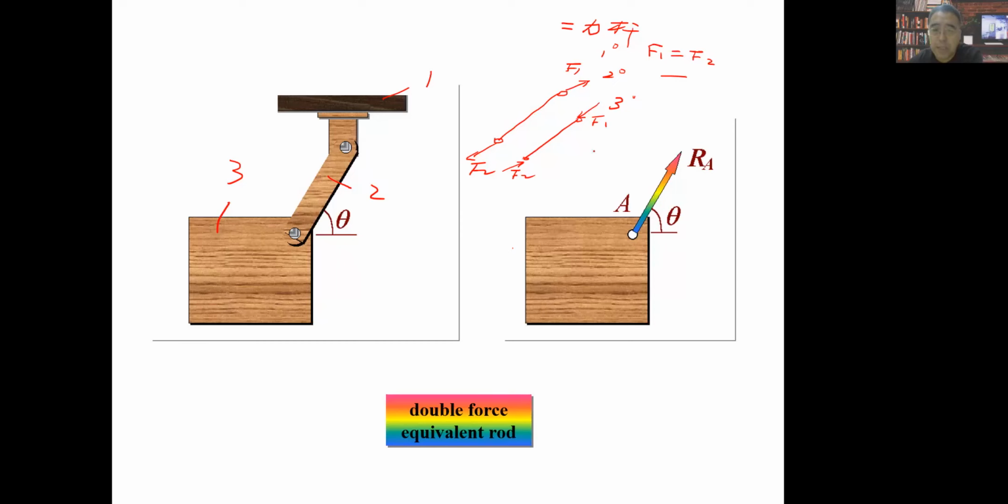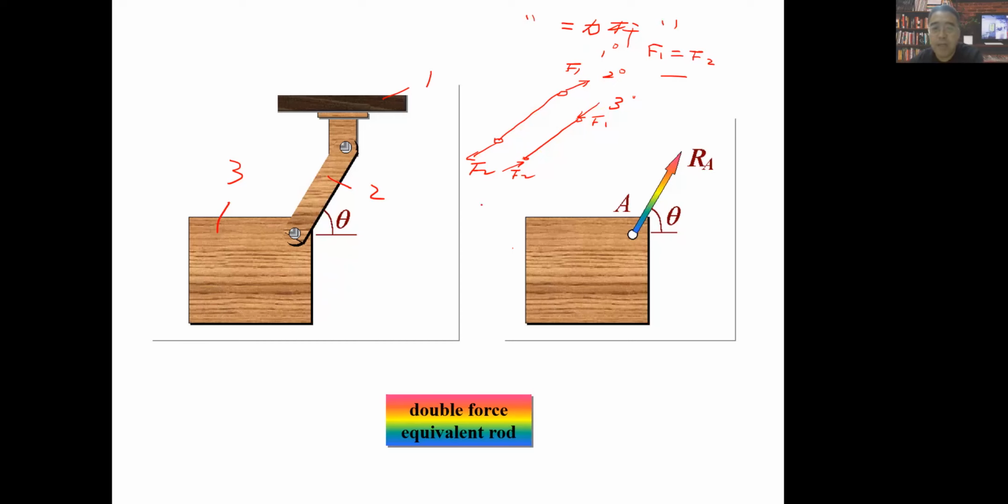But if F1 and F2 point to each other, maybe they are trying to make this rod shrink a little bit, to let its length be shortened. In China, we call that 两端受压. Ya means press. We press here, trying to let the length be shortened a little bit, right? So this concept, double force equilibrium rod, is very important.